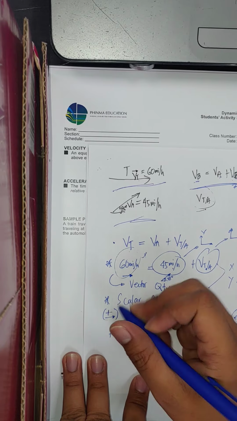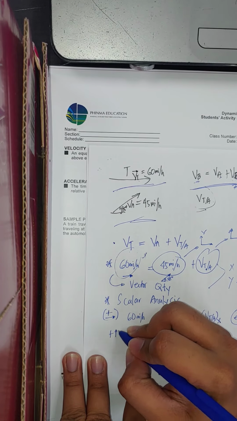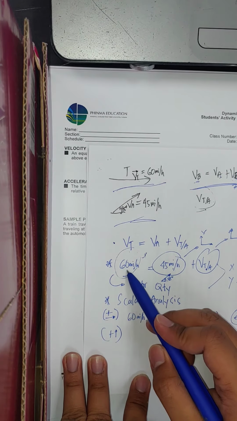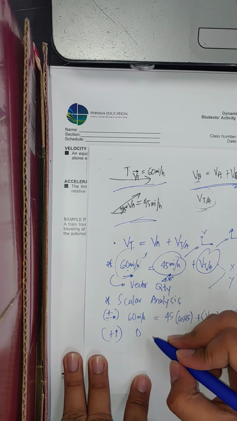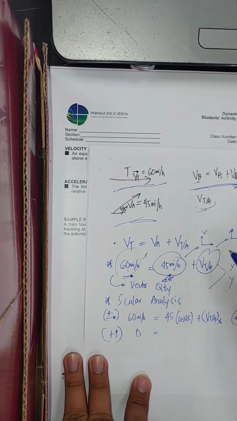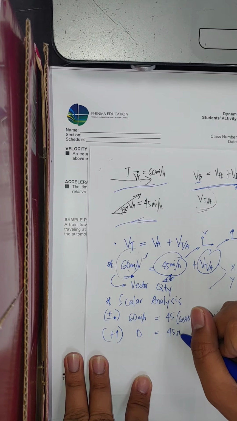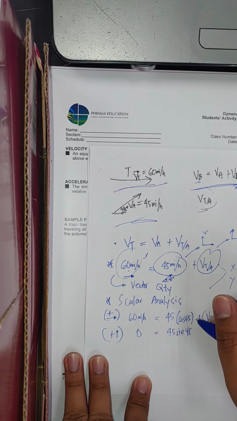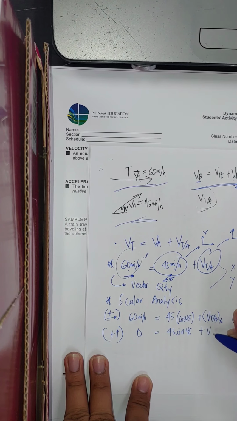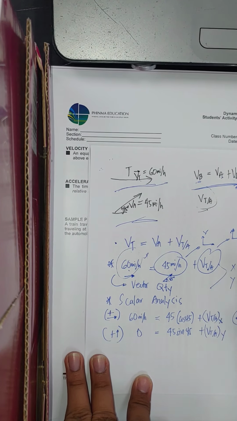Along y, let's say up is positive, so this is 0 on this side because the velocity of the train along y is just 0. Here we have 45 sine 45 degrees plus the velocity of the train with respect to the automobile along y.